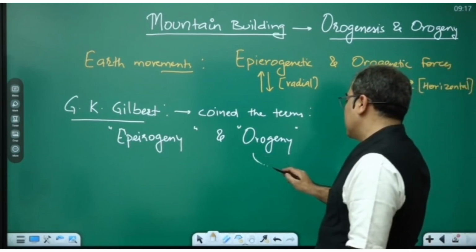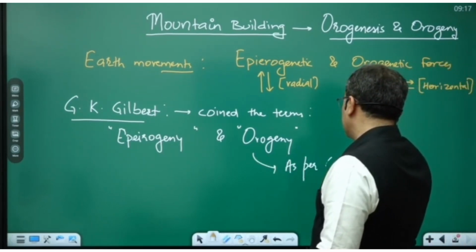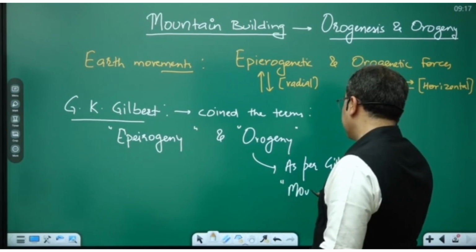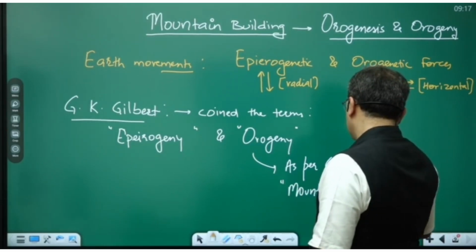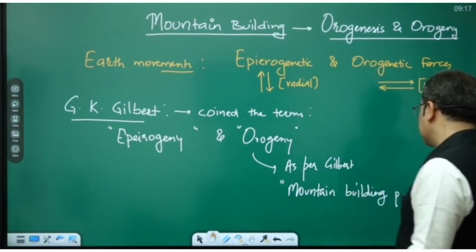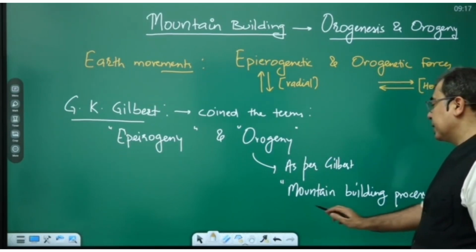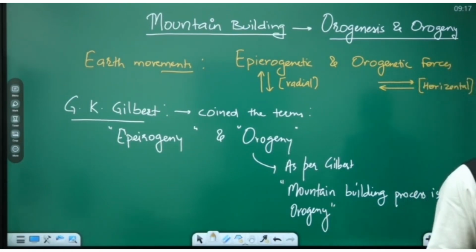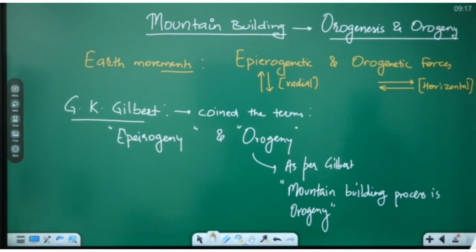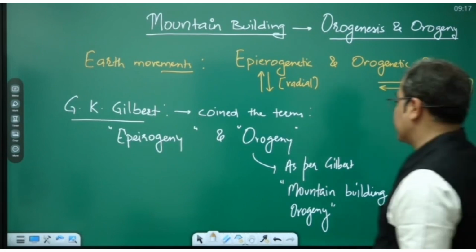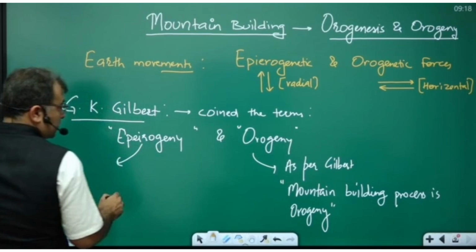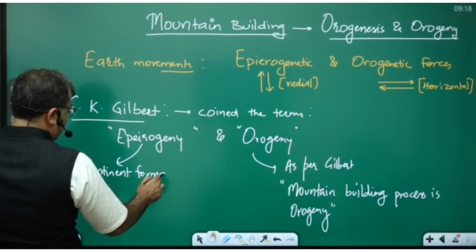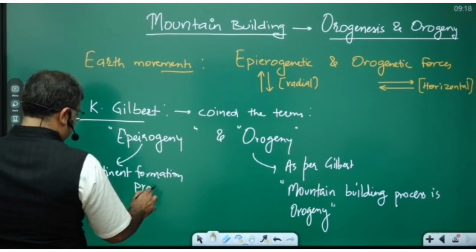As per Gilbert, mountain building process is orogeny, and continent formation process is epirogeny.